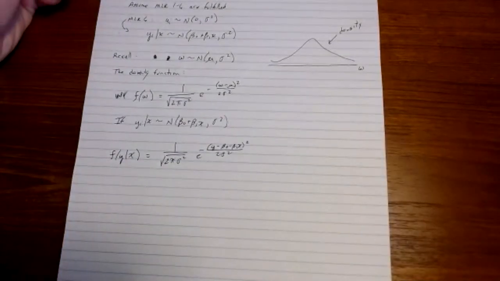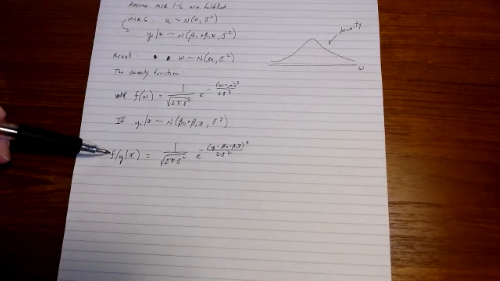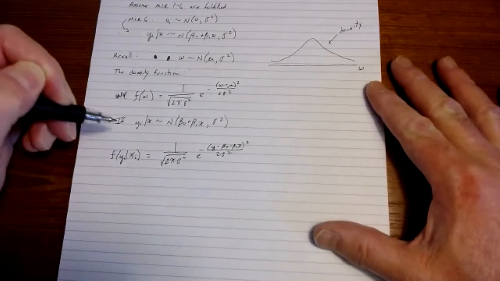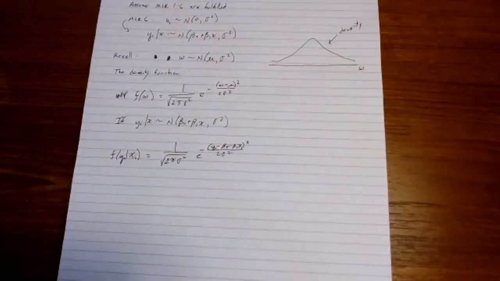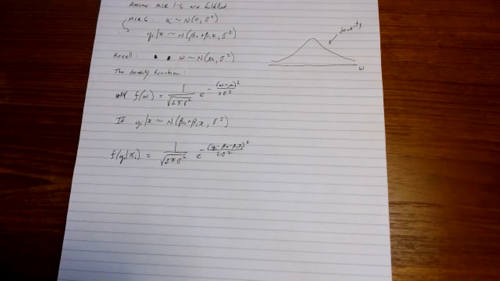So we have a regression, and this describes what the distribution of the dependent variable looks like. Okay. And we can say for each i, the density looks like that.